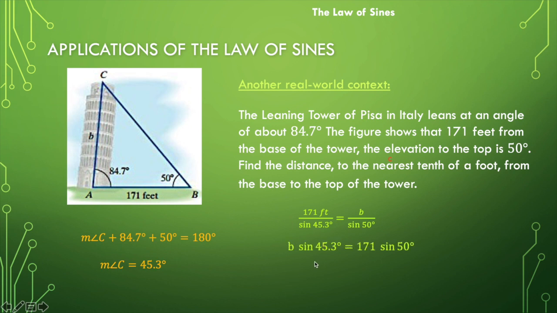B times the sine of 45.3 degrees is equal to 171 times the sine of 50 degrees. Divide out the sine of 45.3 degrees on both sides, and then crunch this expression using a calculator. And we end up with a result that side B, it's almost the height of the leaning tower, is 184.3 yards.